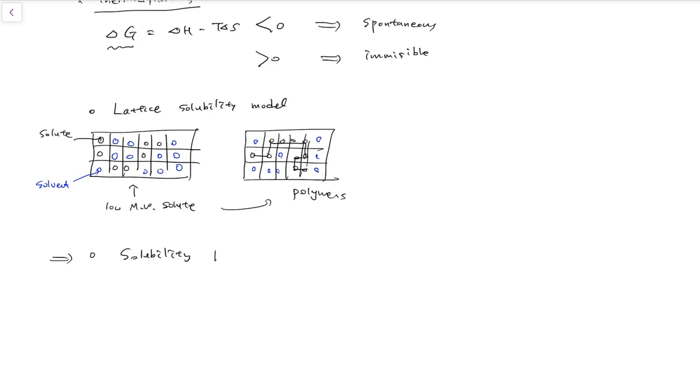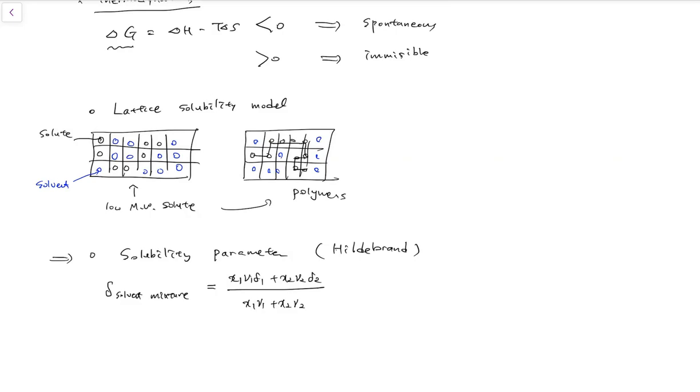So solubility parameter, as defined by Hildebrand, is given in this equation: delta of a solvent mixture is given by x1 nu1 delta 1 plus x2 nu2 delta 2 over x1 nu1 plus x2 nu2.